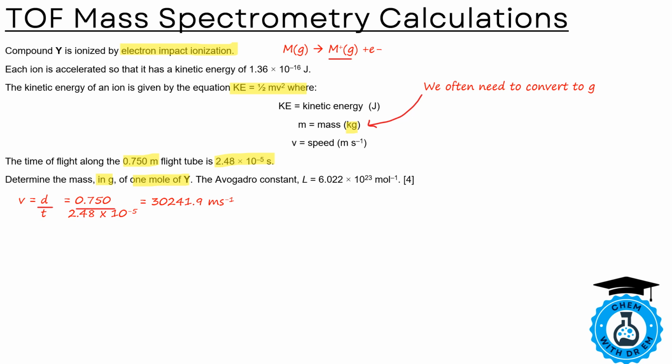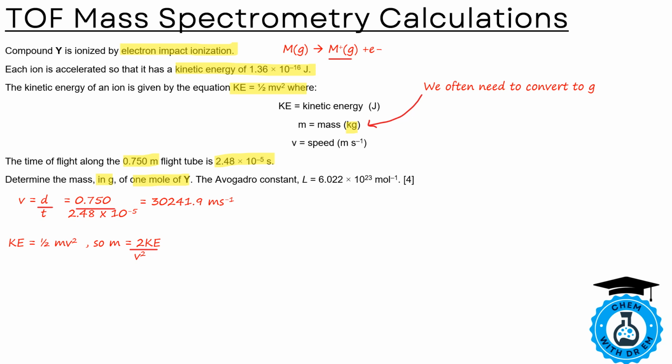Now we need to use that in our KE equals 1/2 mv squared equation. So if we rearrange that for m, the mass, which is ultimately what we're interested in, we get m equals 2KE over v squared. Now we know the kinetic energy from the question, 1.36 times 10 to the minus 16, and we've just worked out the velocity.